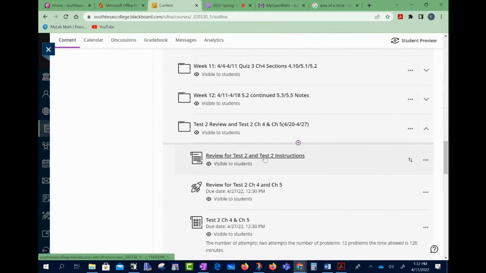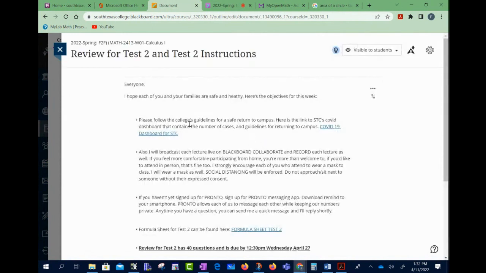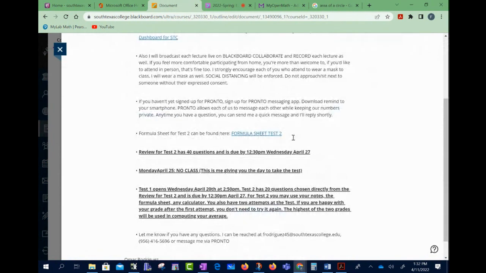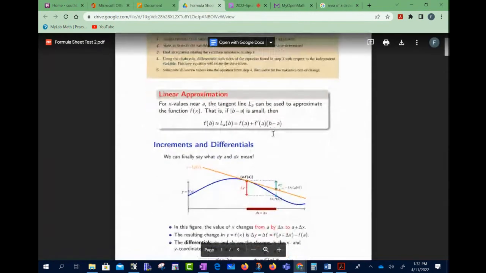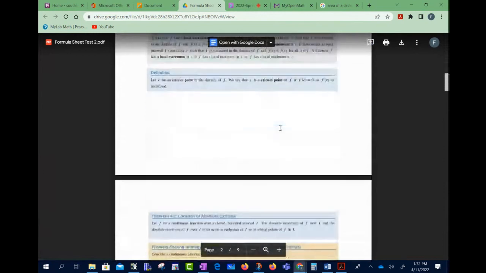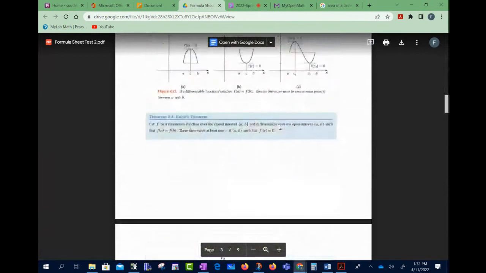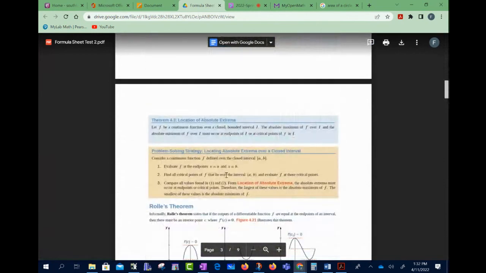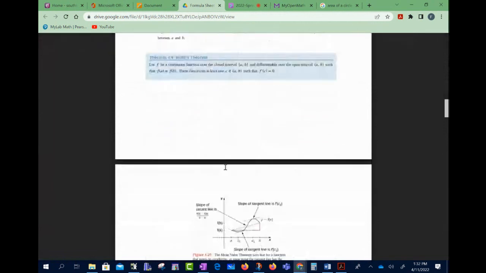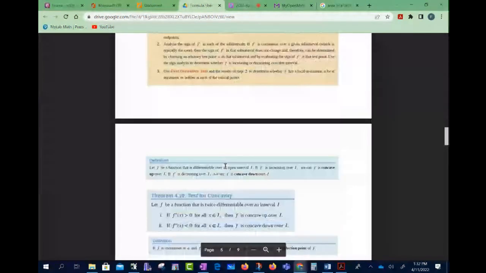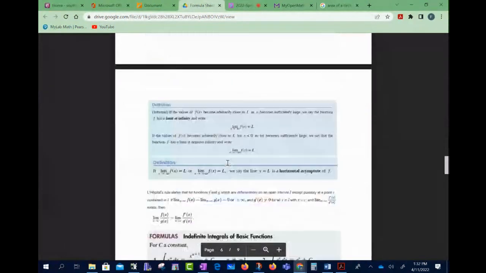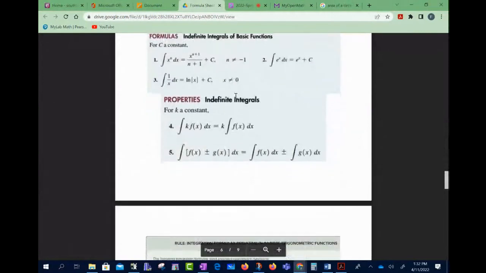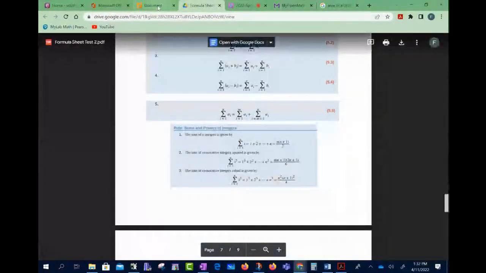So, review for test 2 and test 2 instructions. Formula sheet for test 2. I got that right here. If you click on it, it's the formula sheet for test 2. Again, all I did was go through the notes for chapters 4 and 5 and copy and highlight the instructions or directions for integrals and that kind of good stuff.